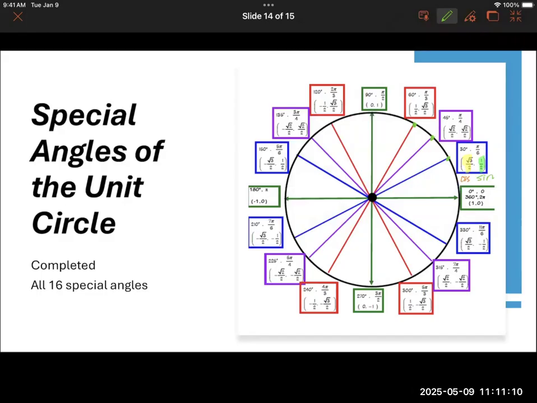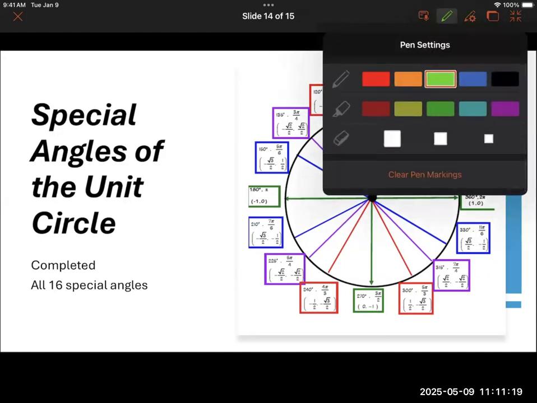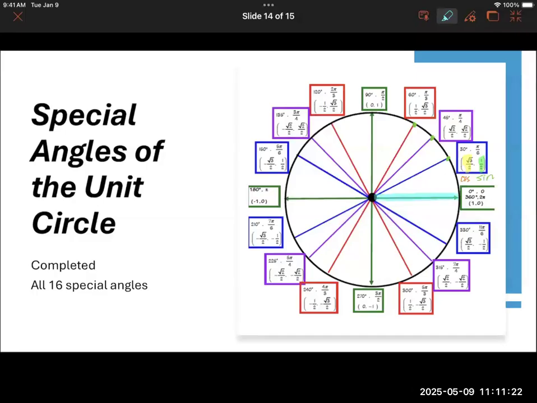And then if you want tangent, you simply take y over x to get those. One last point, you'll notice that there are some additional points in here. If you are at 0 degrees, 90 degrees or pi over 2 radians, 180 degrees or pi, and 270 degrees or 3 pi over 2 radians, then we don't need the right triangle to figure out the point because we actually are straight on the axes, and we can tell that we are 1 unit out and 0 units up or down.